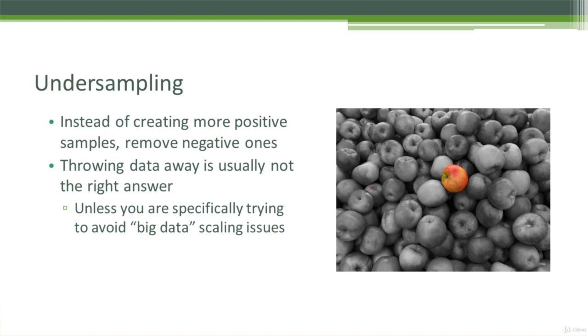Maybe you just have more data than you can handle on the hardware that you're given. If you have too much data to actually process, fine, throw away some of the majority case. That might be a reasonable thing to do. But the better solution would be to get more computational power, and actually scale this out on a cluster or something. So undersampling, usually not the best approach.